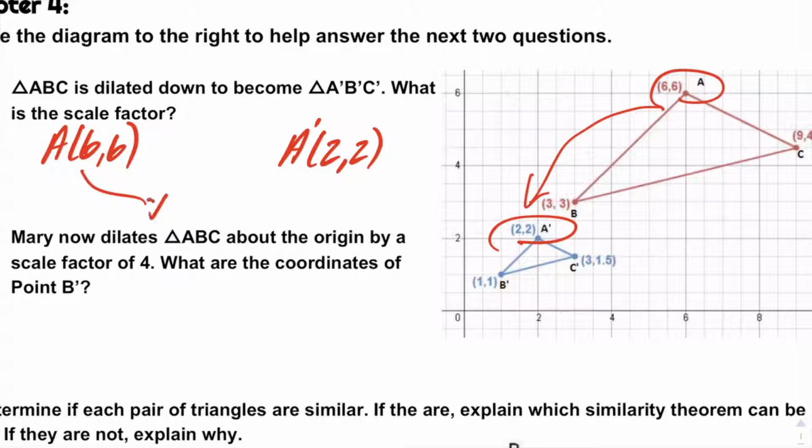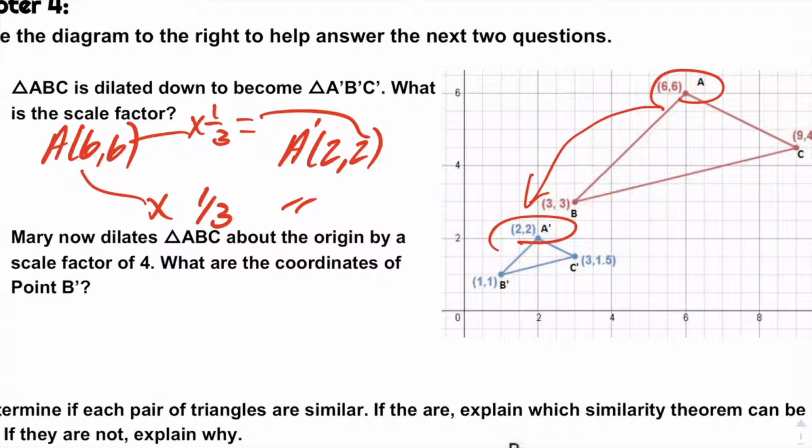Times what will equal 2? 6 times nothing will equal 2, but 6 divided by 3 will give us 2, right? And that's the same as multiplying by 1/3. That'll give us 2. What about this 6? 6 times 1/3 will give us 2.